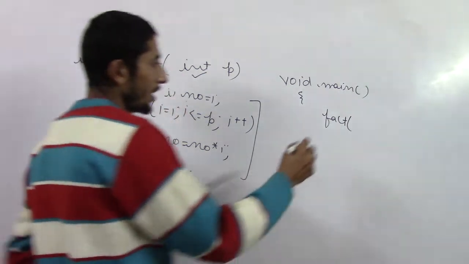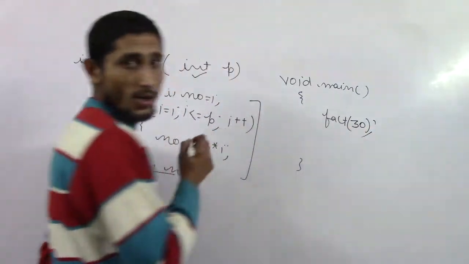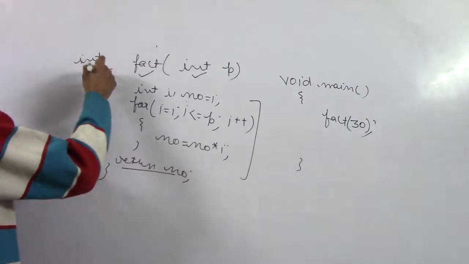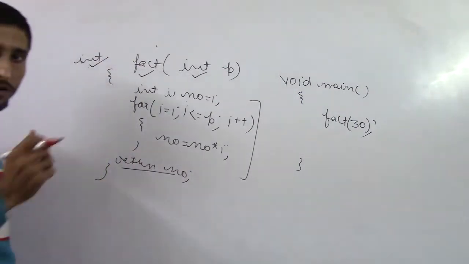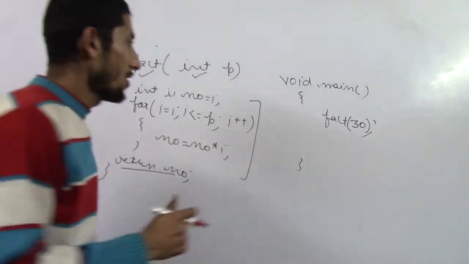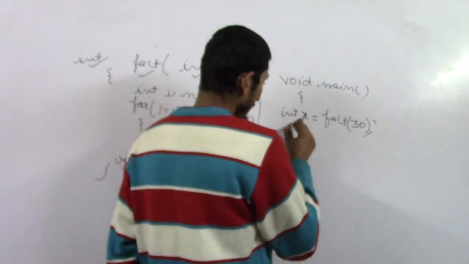You have to pass a number also. Let's say the number is 30. What is going to happen? Just check the return type of the function. The return type is int, so as a result you will get an integer. I can save it in a variable, let's say x, and I can print x.